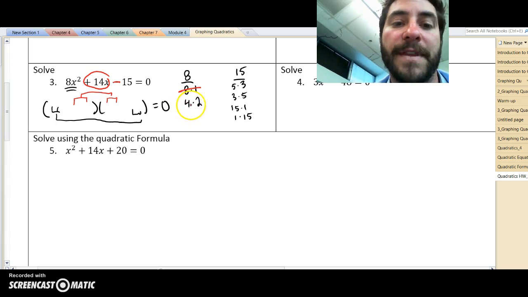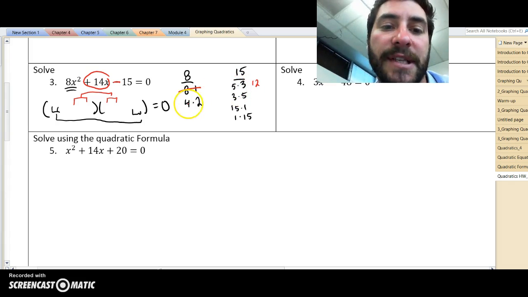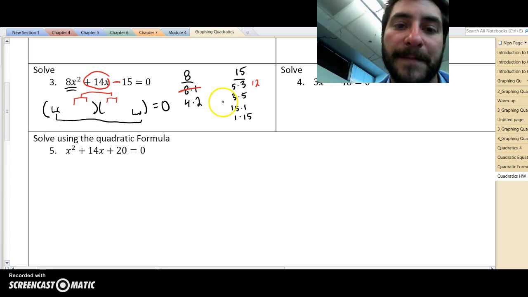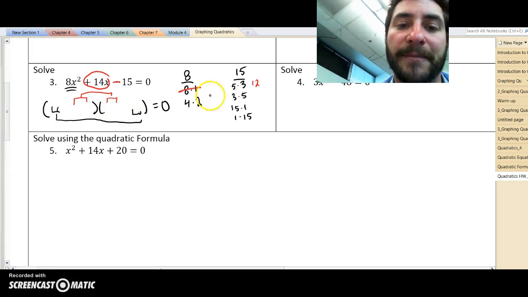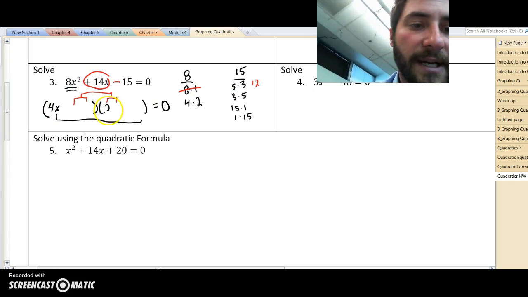What about the outsides here? 4 times 3 is 12, and 5 times 2 makes 10. The outsides, if the 4 was here and the 2 was here, well, yeah, let me do that. Let's put the 4 here and the 2x here.